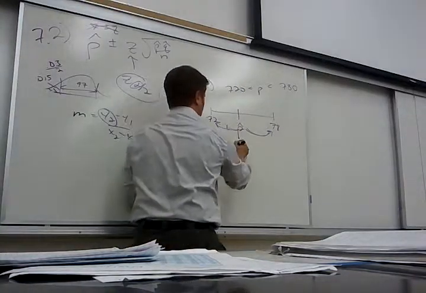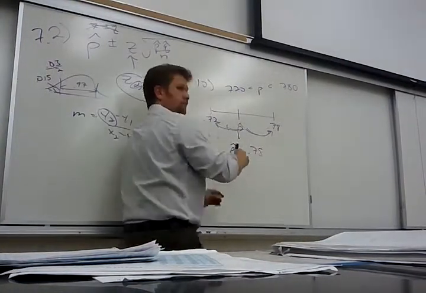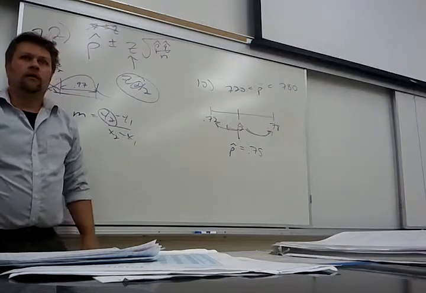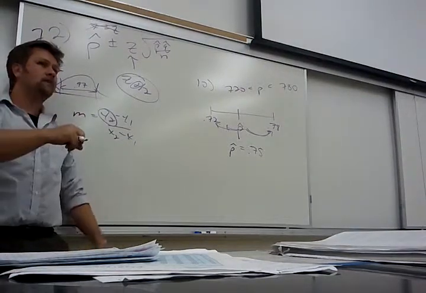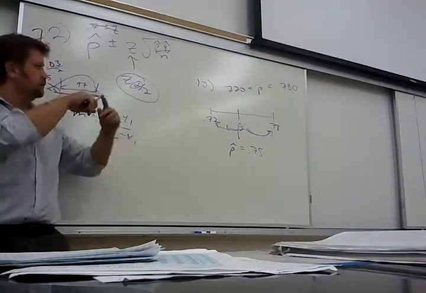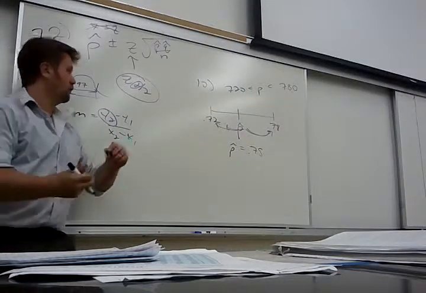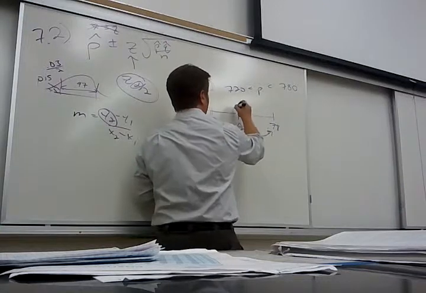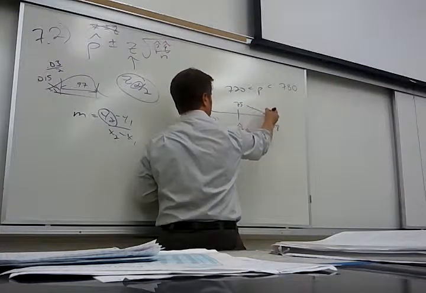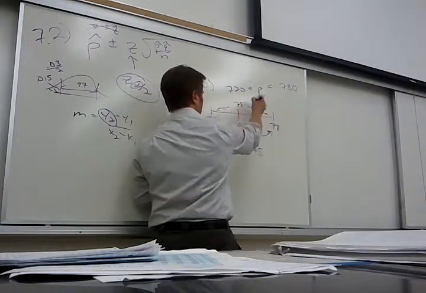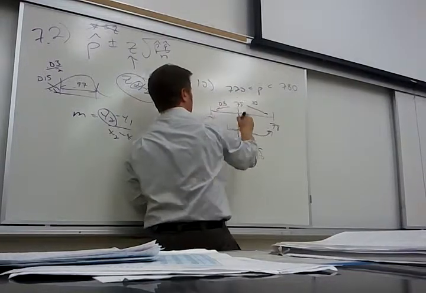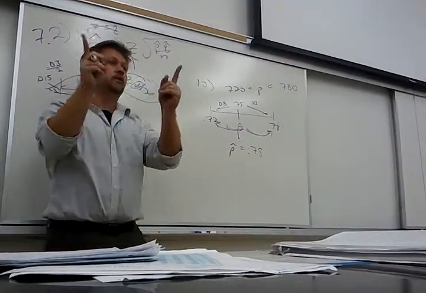So what's p hat? 0.75. And what did you add to p hat and subtract from p hat to get up to 0.78 and to get down to 0.72? How far away is 0.75 from 0.78? 0.03, yeah. That would be your error.